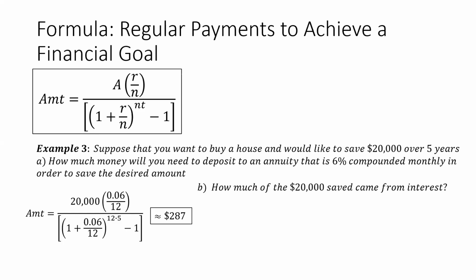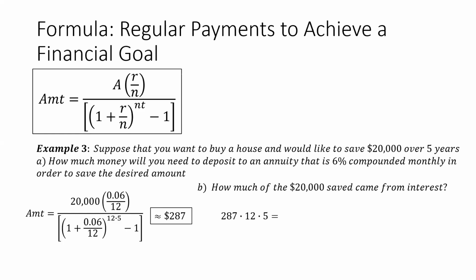Now, the question that a lot of people ask when we're dealing with these home loan type of things is, how much of that money was actually coming from interest versus how much would there be if I just tucked away the same amount into a coffee tin or something like that. So to figure that out, we say, okay, I put in $287 every month.